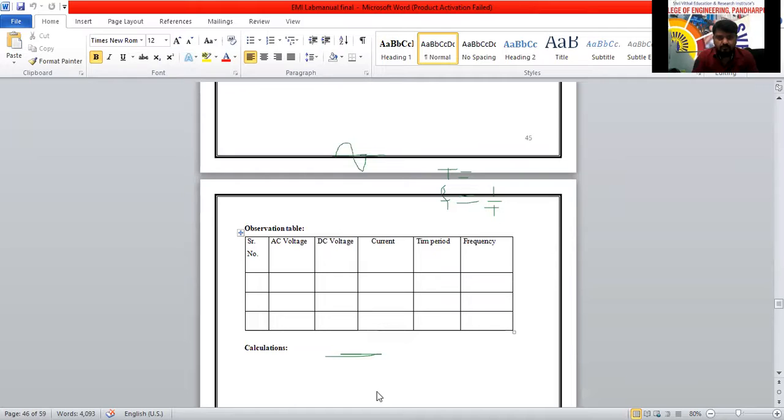So what I will do, I'll stop sharing here. We note down this table, the observation table.